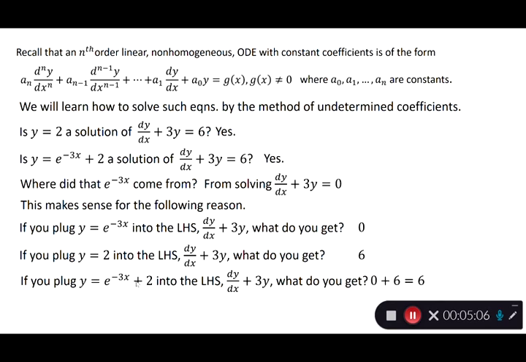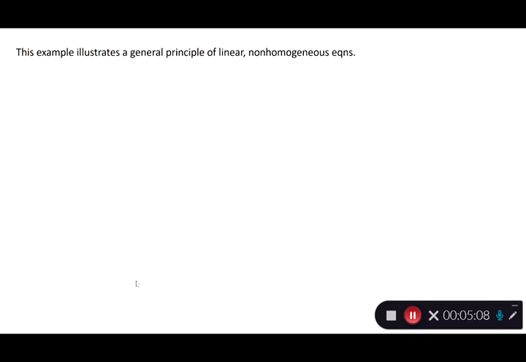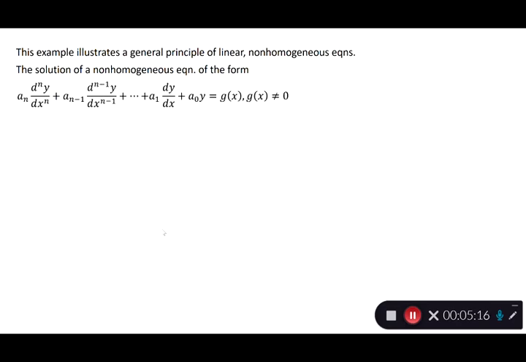So this illustrates a general principle of linear non-homogeneous equations. Let me give a more formal definition of all of this. Suppose you have a non-homogeneous differential equation with constant coefficients. In fact, the coefficients need not be constant.